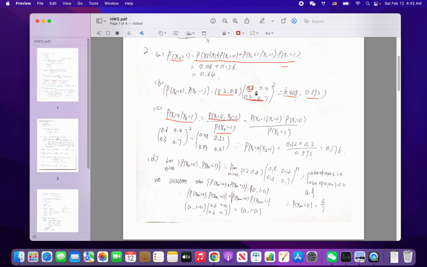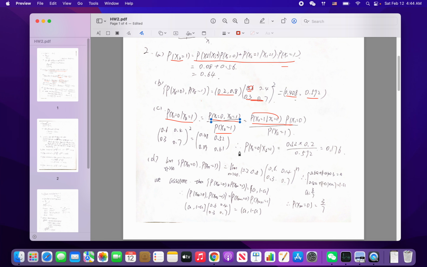The probability of x1 equals 0 and x3 equals 1, we can rewrite it as this, because this probability is equal to this over P(x1 equals 0). So we can write it as this.